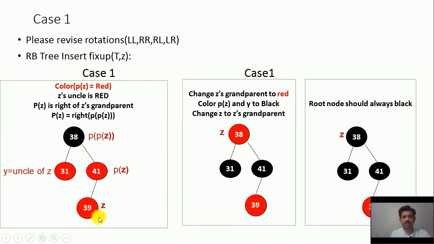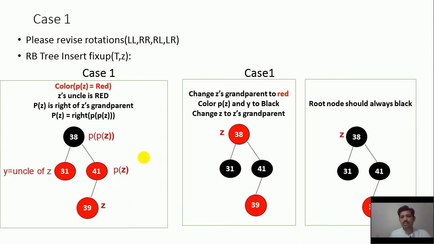This is node G, this is 41, and 41 is P of G. The color of P of G is red, P of G is the right child of PPG, and the color of the uncle is also red. So we will apply case one.